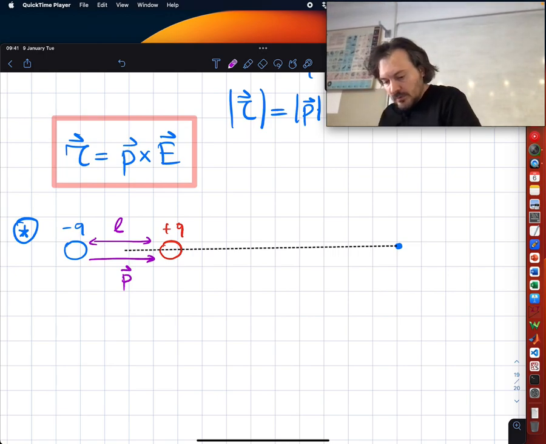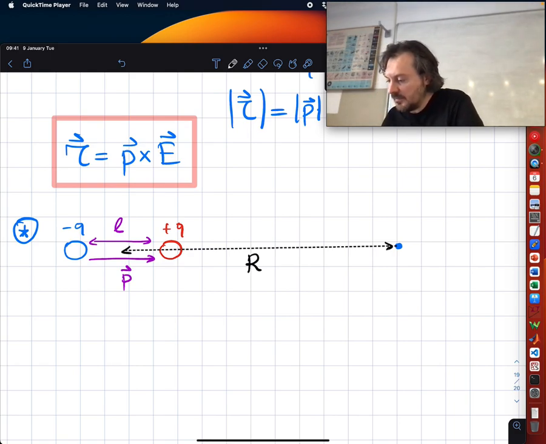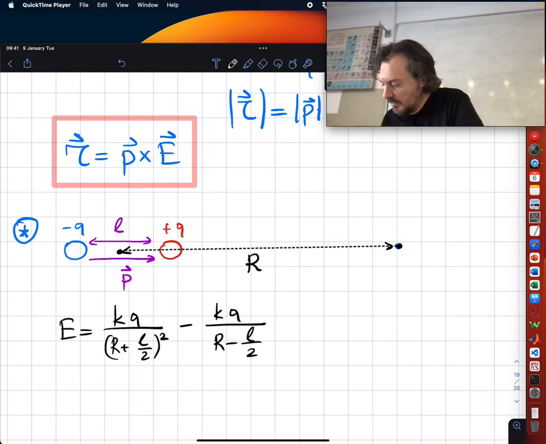So if this distance over here is r, from the center of the dipole to the point, then I can write that the electric field is KQ over (R plus L over 2) squared minus KQ over (R minus L over 2) squared. This should be minus, this should be plus.